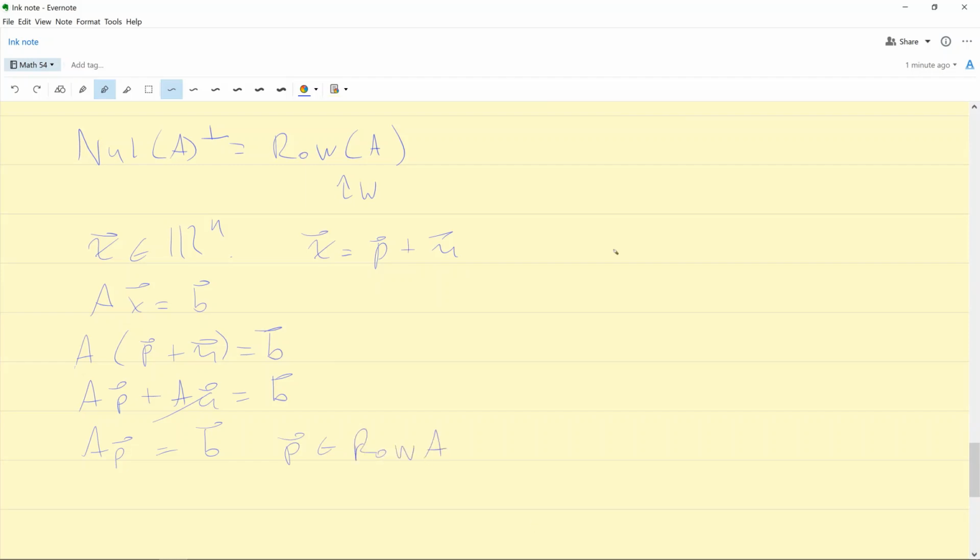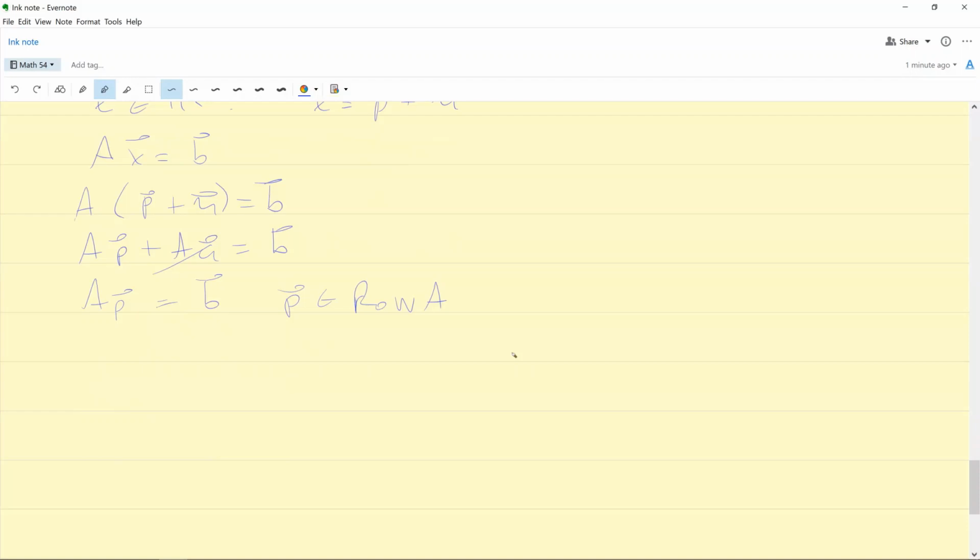Next we want to show this is going to be a unique solution. Let's say we don't have a unique solution and there are two different p's that might work. So we have p1 and p2, both in the row space of A. What we're going to do is take the difference of these two, p1 minus p2.